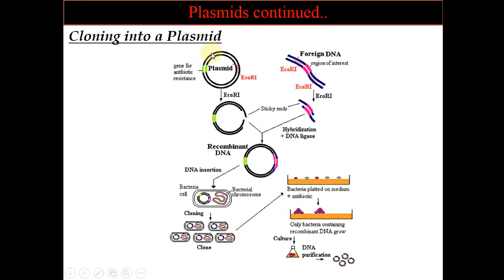Now see, here this plasmid vector consists of a site for EcoR1, and this green colored one is the gene for antibiotic resistance, or this is the selectable marker gene which will be used further for isolating transformants.